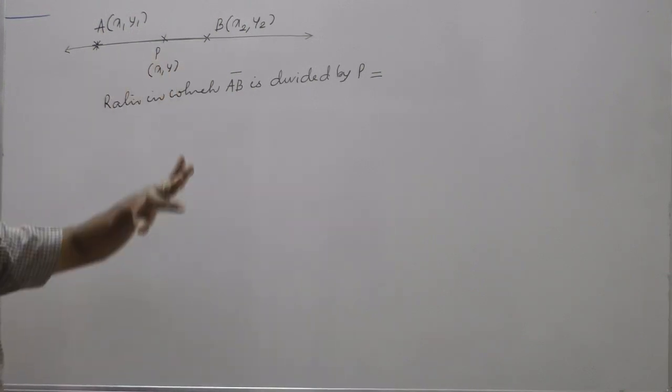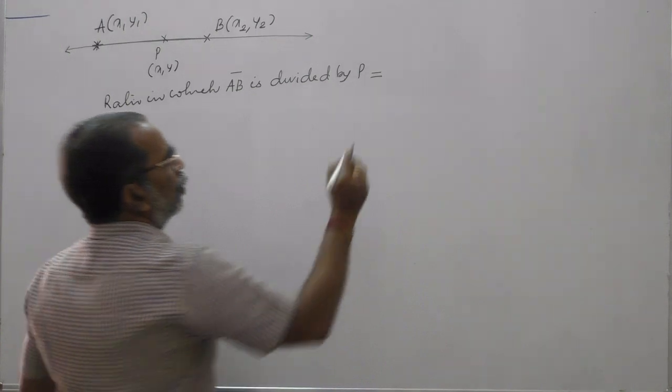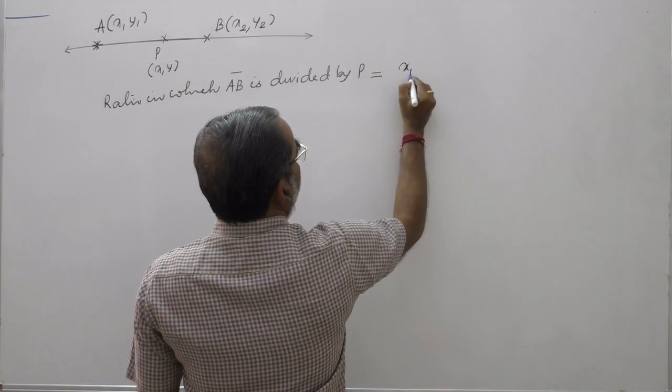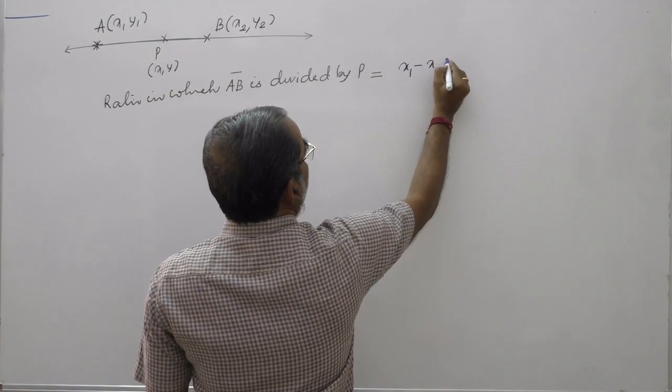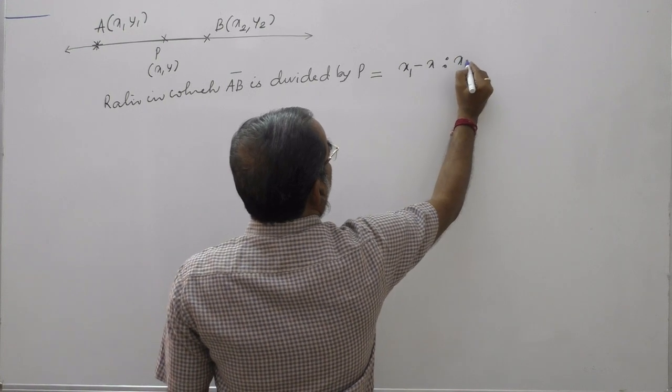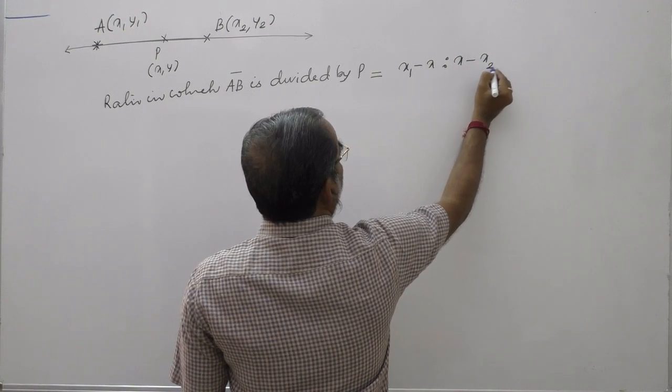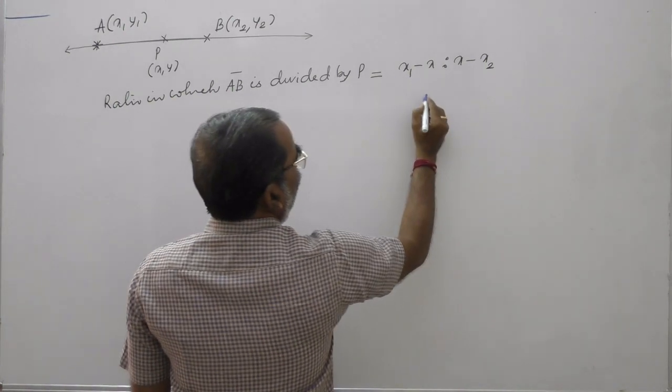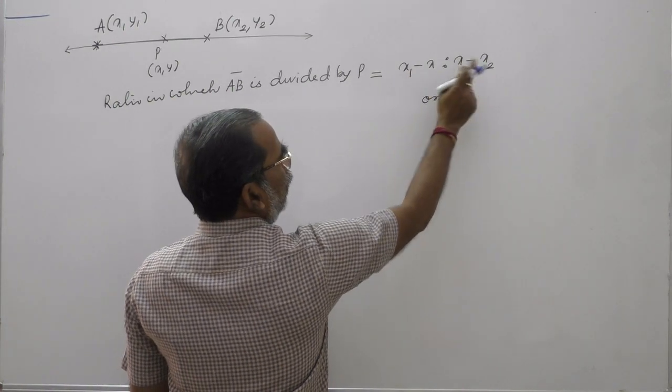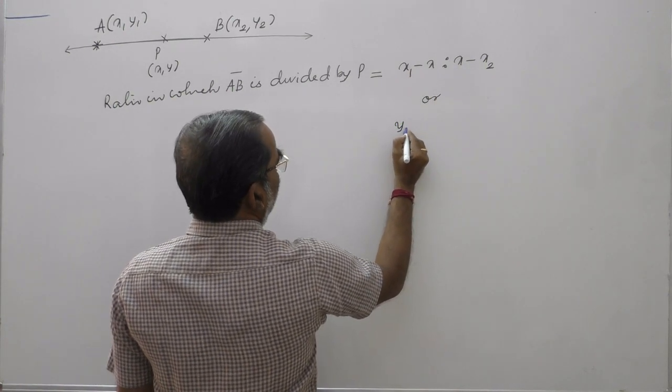So when P lies on line AB, they are collinear, and P will be dividing in some ratio. Therefore, that ratio is x1 minus x is to x minus x2. Ratio can be calculated using x coordinates or y coordinates.